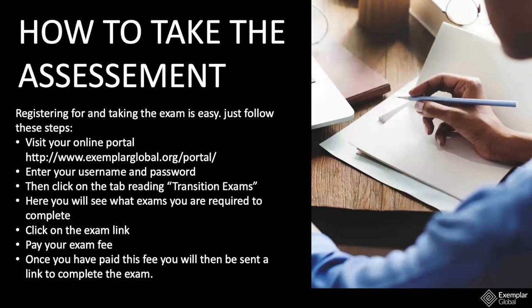Once you've done that, click on the tab reading Transition Exams. Here you'll see what exams you are required to complete. Just click on the exam link, pay your exam fee, and you'll be ready to go. Once you've completed the examination, the system will automatically update your record, so there's no need for you to let us know that you've completed the assessment.